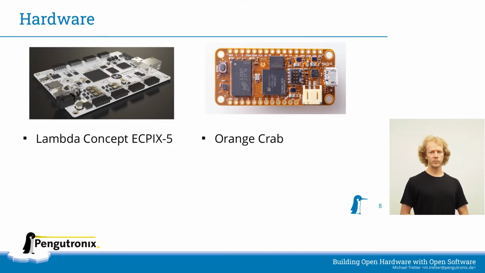Our main development is now happening on a LambdaConcept ECPIX-5 board. The board also features an ECP5, but in a variant that is a lot larger than the FPGA on the OrangeCrab. It has 512 MB external RAM and a separate power supply.